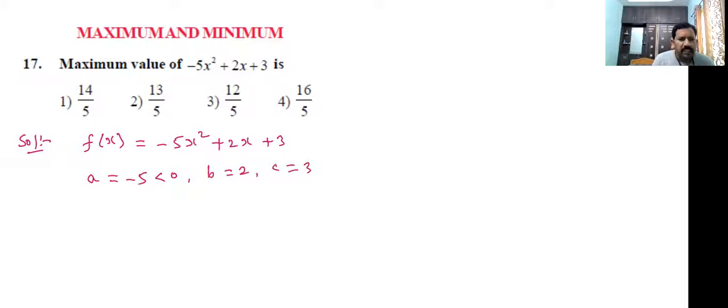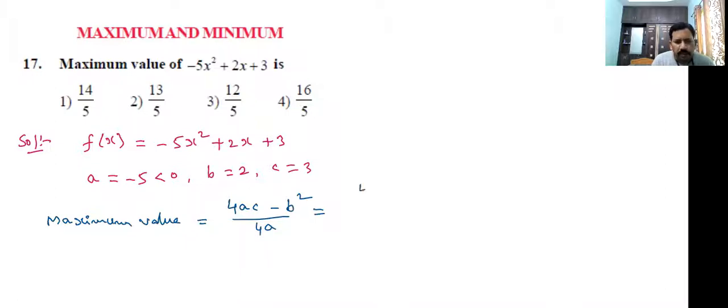If a is less than 0, we get a maximum value. Therefore, maximum value. What is the formula, students? 4AC minus B square divided by 4A.